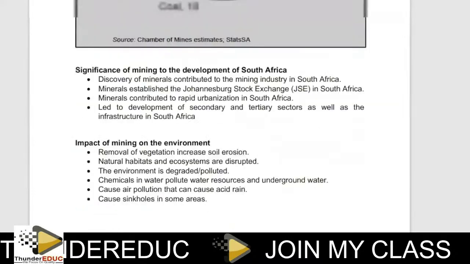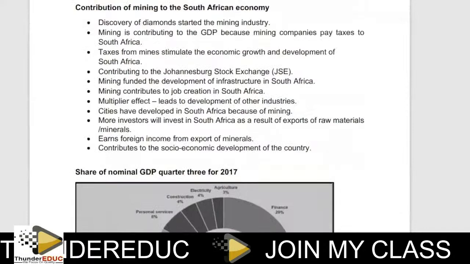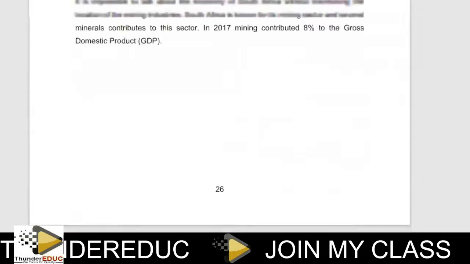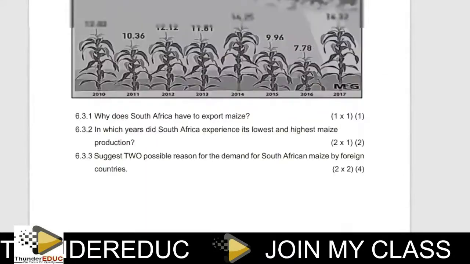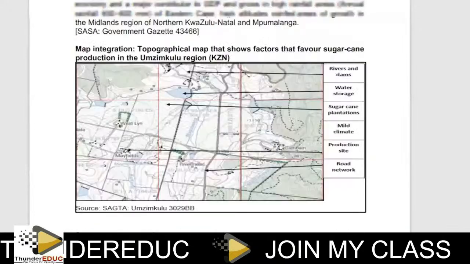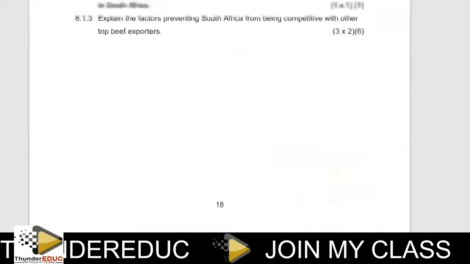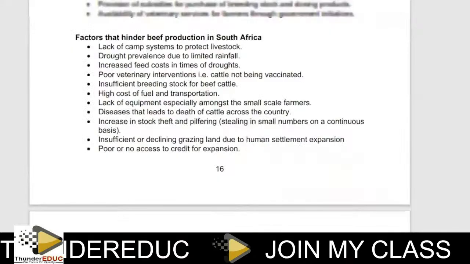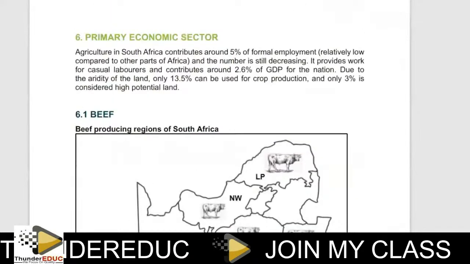Then we proceed and look at something else. The next activity after secondary activity is what we call the tertiary activity. When you look at the tertiary activity, we are basically focusing on that activity that deals with the provision of a service.